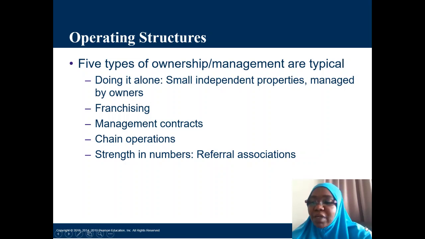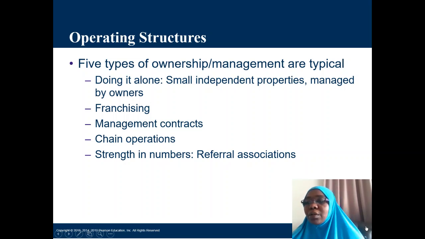Then we also have the management contracts. It's similar to franchise. It allowed the chains to expand aggressively, but it allows for expansion without having the physical facility. You don't need to make capital investment into the physical facility.